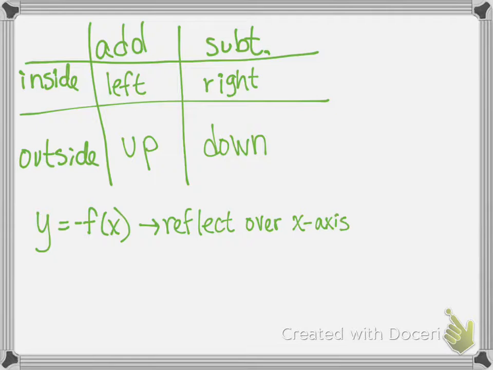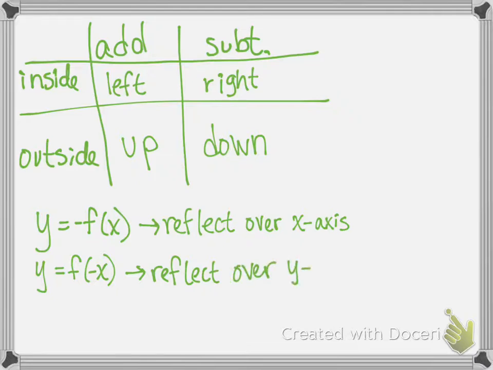And if you have a negative inside those parentheses, you're going to reflect over the y-axis. So these are just some summary notes that might be helpful to have handy when you're working on your homework.